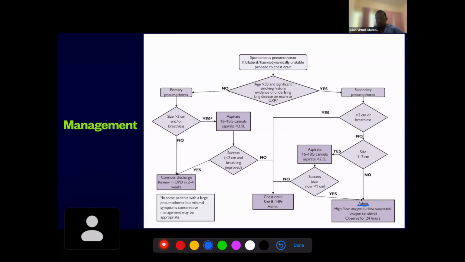So just to review, I can give a chance to anyone who volunteers to review or summarize the management for us. If anyone is willing, he can open the mic and summarize, because it is very important to be aware of it, to manage such patients in the emergency department.